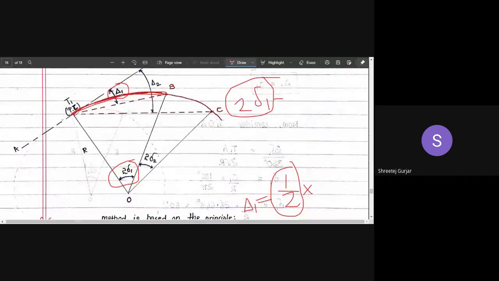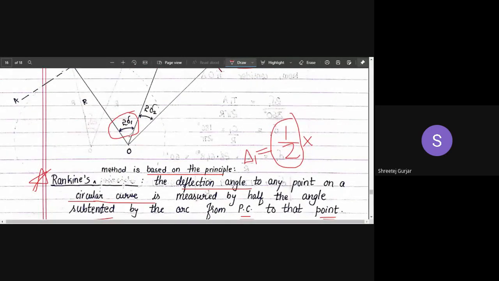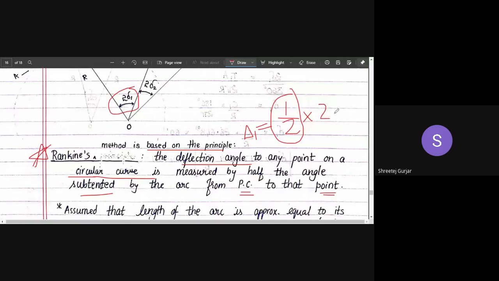The arc is this, and the angle subtended by it is 2 delta 1. So half of that is half of 2 delta 1, and the 2 and 2 will cancel.